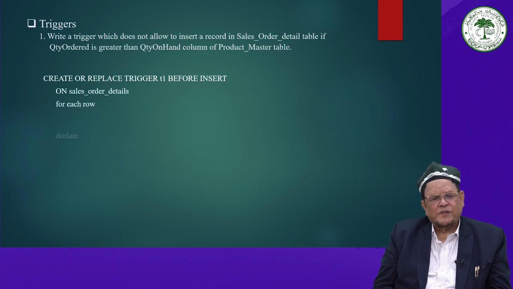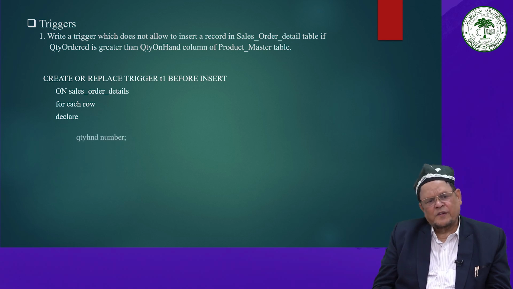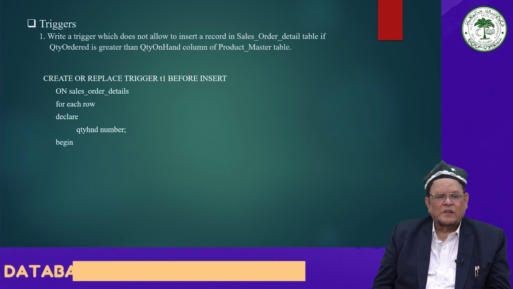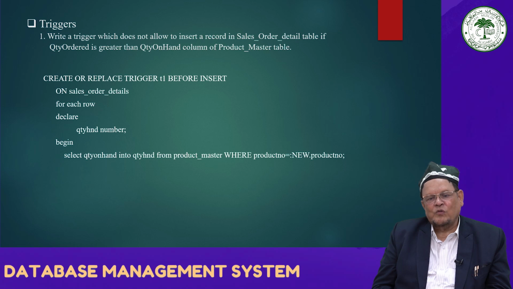After that you have to declare quantity on hand number, then begin, select quantity on hand into quantity hand from product master table, where product number is equal to new dot product number.